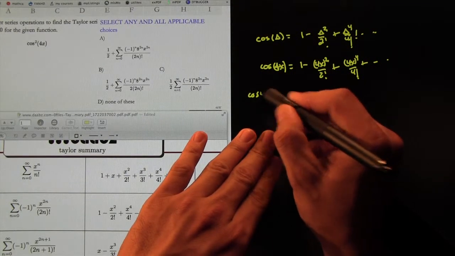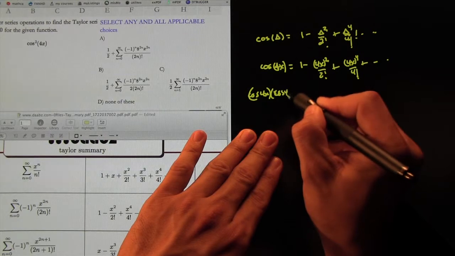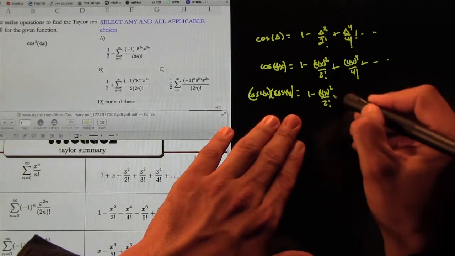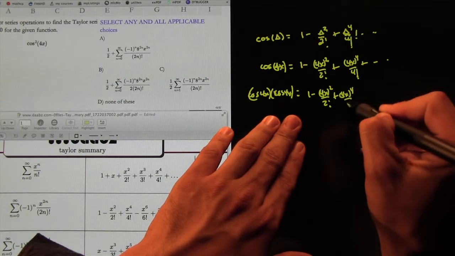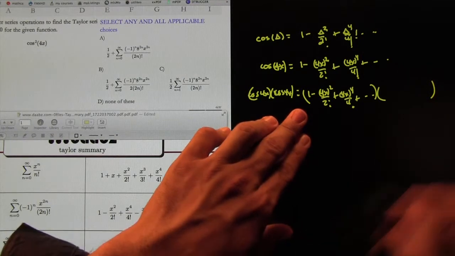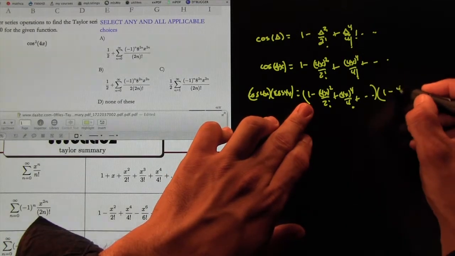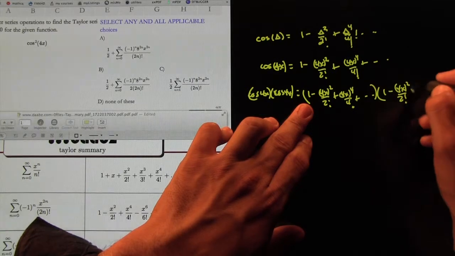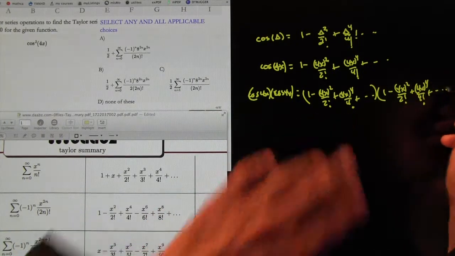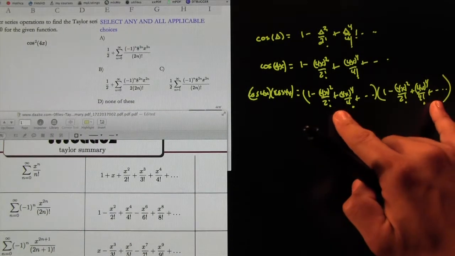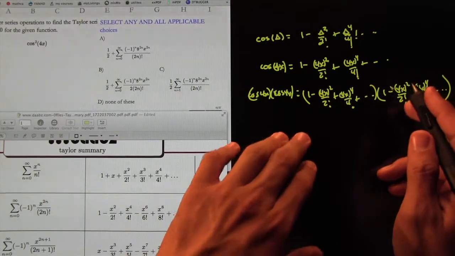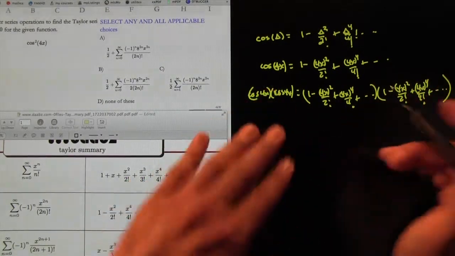So cosine 4x times cosine 4x would be equal to 1 minus 4x squared over 2 factorial plus 4x to the 4th over 4 factorial, and so on, times itself. If you talk about foiling, this is like foiling, but on a really big polynomial, infinitely long. But if you can get your hands around this, you'll be set.